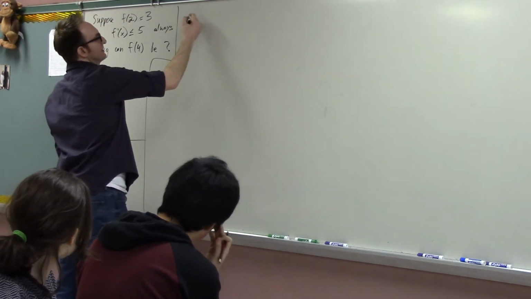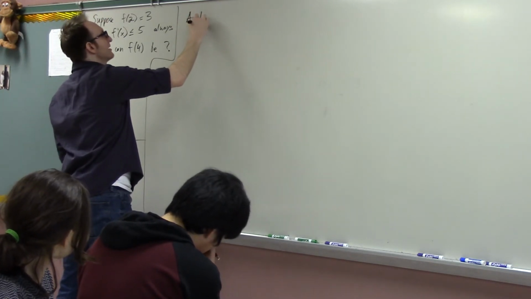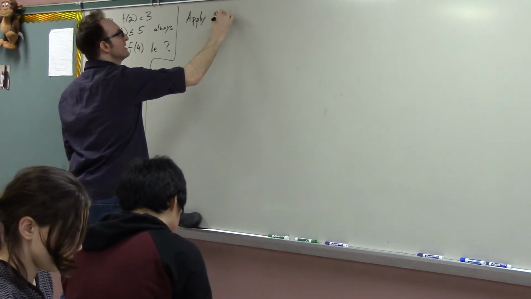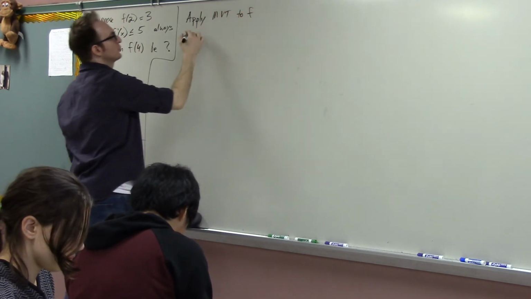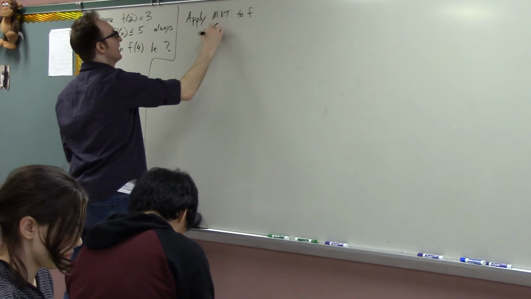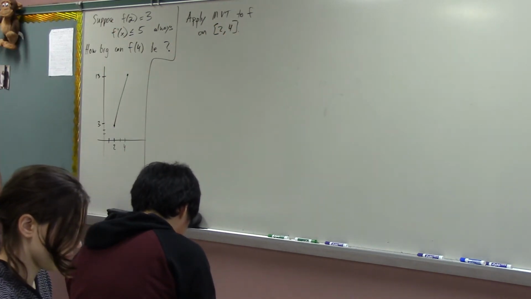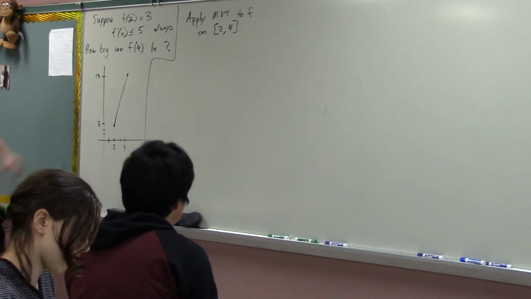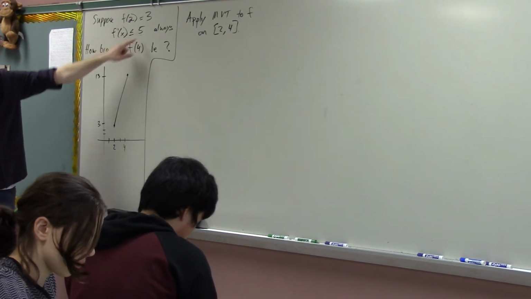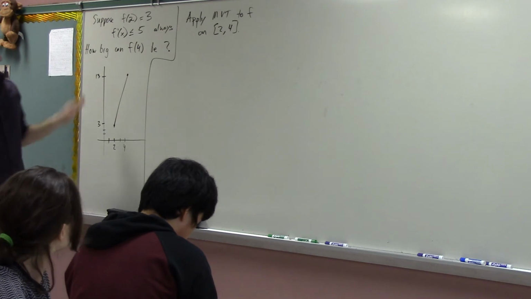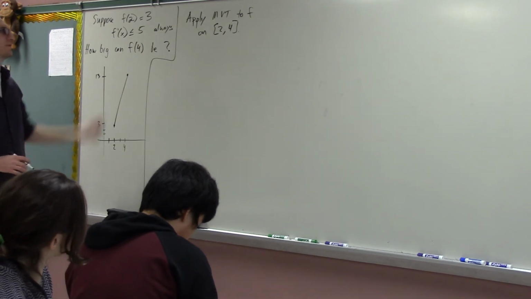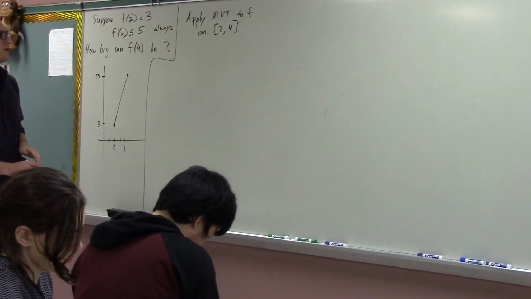Yeah. So okay, let's just write it out and see what happens. Apply the mean value theorem to f on the interval [2, 4]. What does the mean value theorem say? Well, first of all, the mean value theorem is applicable. I said that the derivative of this function is less than or equal to 5. That implies that it exists. If it's differentiable, it's continuous also. So the mean value theorem is applicable.